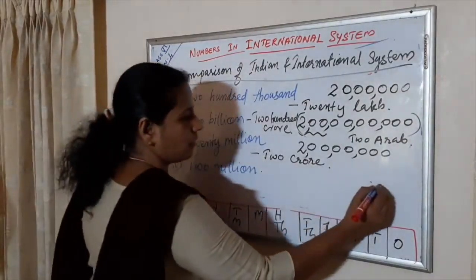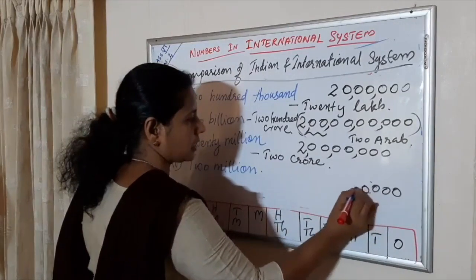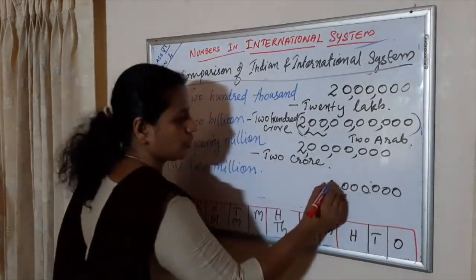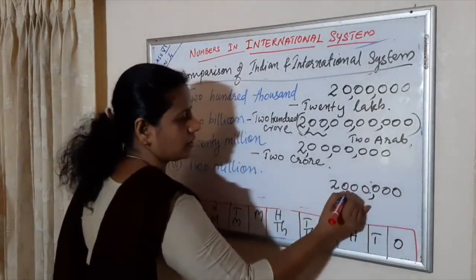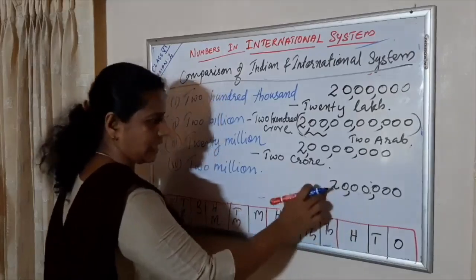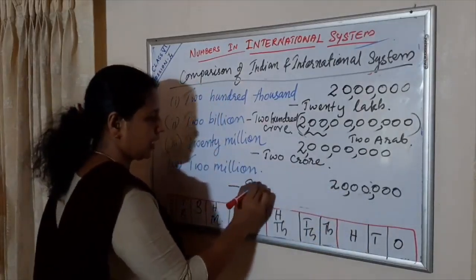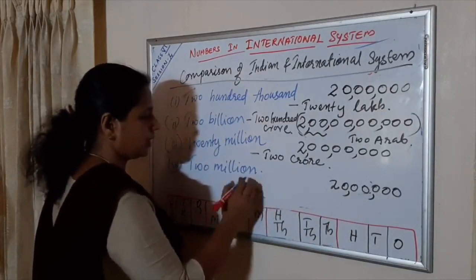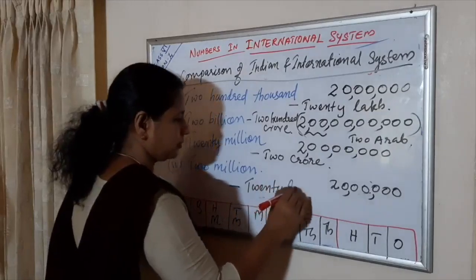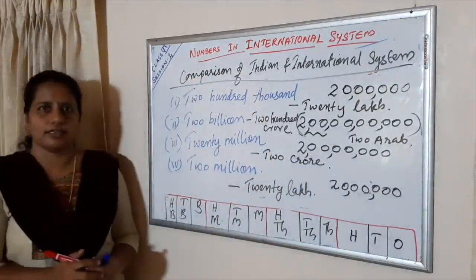That is ones, tens, 100, 1,000, 10,000, 100,000. Next one million is there. So 2 million. Ones, tens, 100, 1,000, 10,000, lakh, 10 lakh. That is 2 million is equal to 20 lakh.